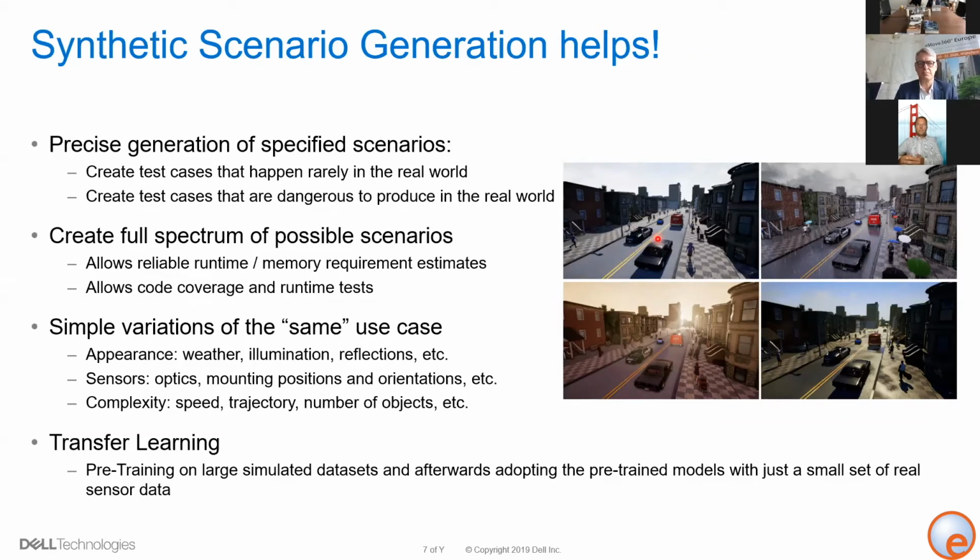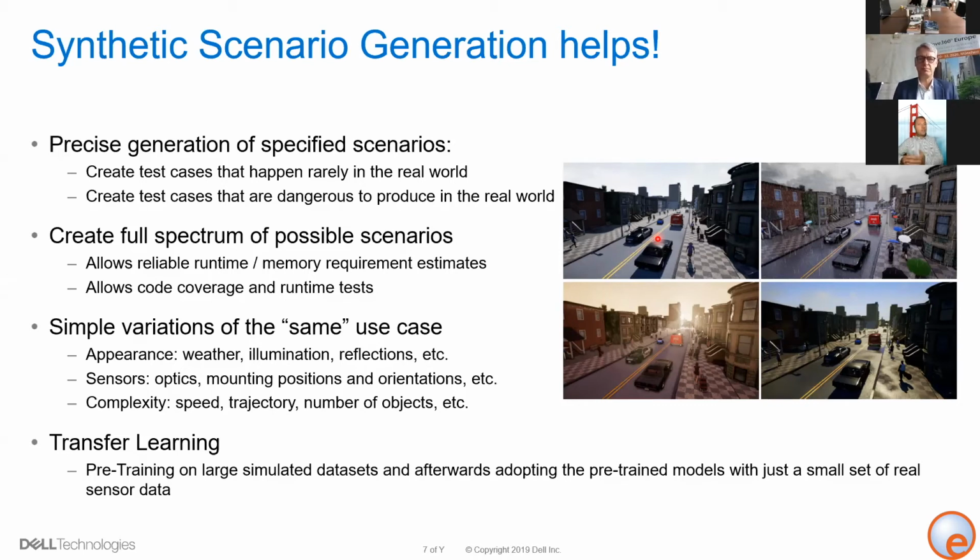And these synthetic scenarios are created by using techniques out of the gaming industry to precisely generate specific scenarios, or to create the full spectrum of possible scenarios, or also to create test cases that are too dangerous to produce in the real world.